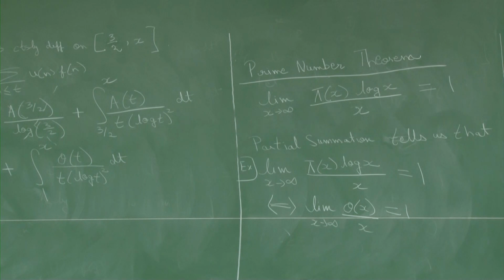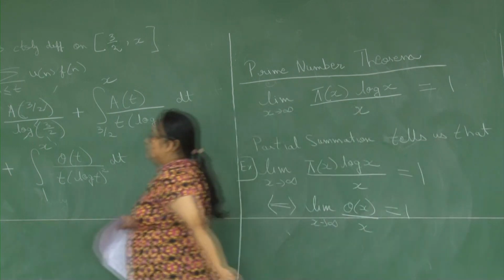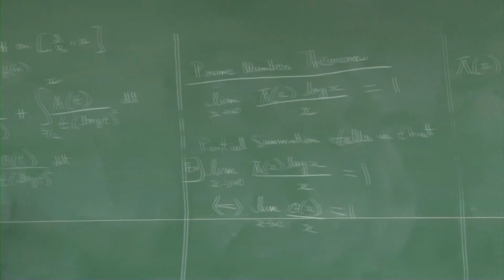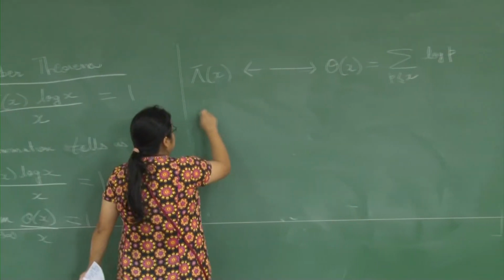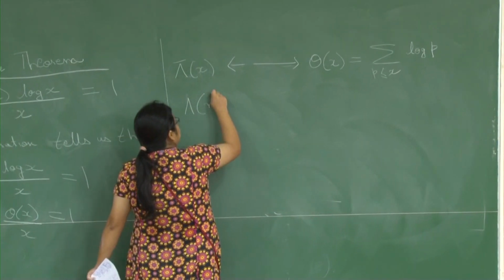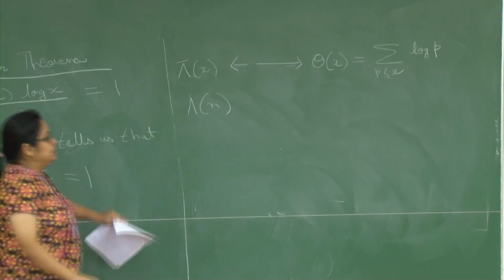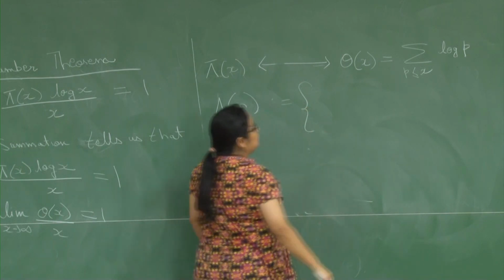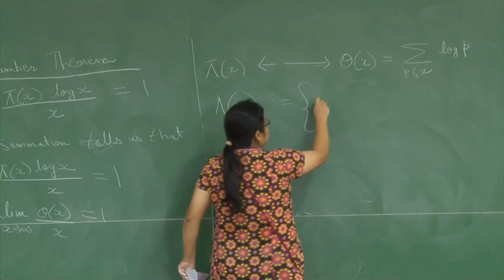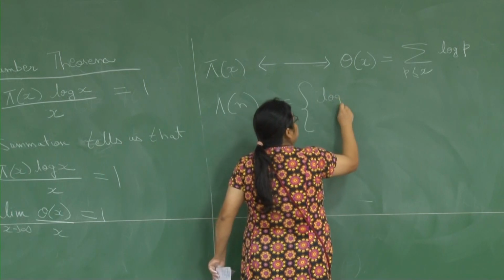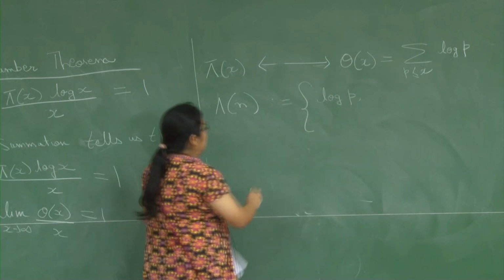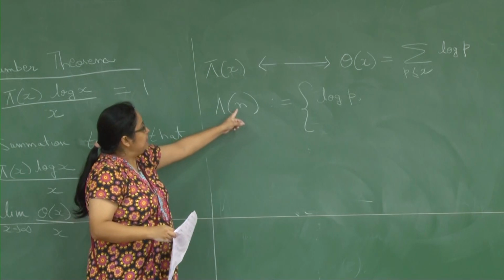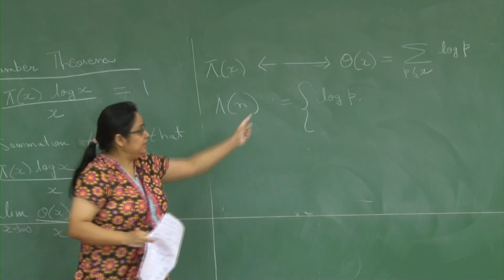You have pi of x, you have theta of x. Now, I also introduce another function, which is the following arithmetic function lambda of n, defined as log of p each time your n is a prime power p to the k, that prime being equal to p.